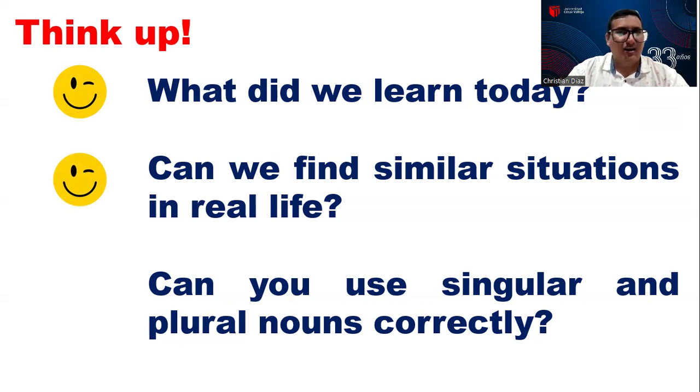Numbers are everywhere and appear all the time in our life. We are numbers too because every year we are turning ages. And then, can you use singular and plural nouns correctly? Do you feel you can?